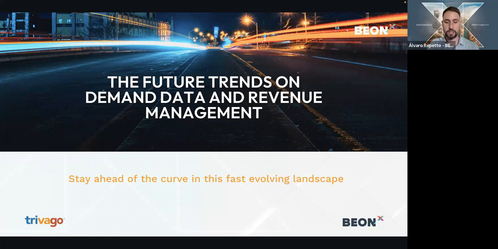And more in the future, more like a vision, there are already some companies working on that, in this case BEONx as well. We're also working on sustainability. We are not only focused on profitability, which of course is key for companies to make money, but also on the future, trying to reduce the footprint we're all having on the planet. Now it's kind of a trend, but I would say the future will make it mandatory to have certain strategies on that.